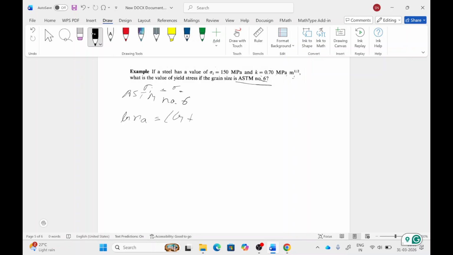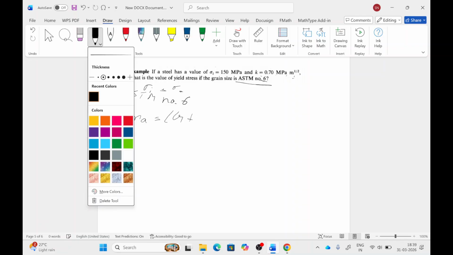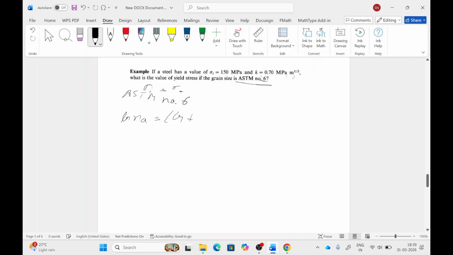So the formula to calculate grain size from the ASTM number to micrometer is ln Na = (G + 2.9542) / 1.4427.